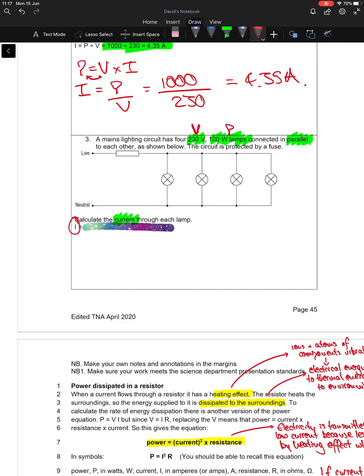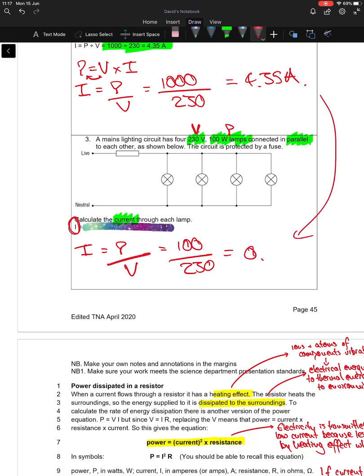So we've got a V, we've got a P, and we want to know an I. So in other words, I equals P divided by V. Slot the numbers in. 100 divided by 230. As you'll see, take off a 0 here, same as this. 0.435 amps. Good. Like so.